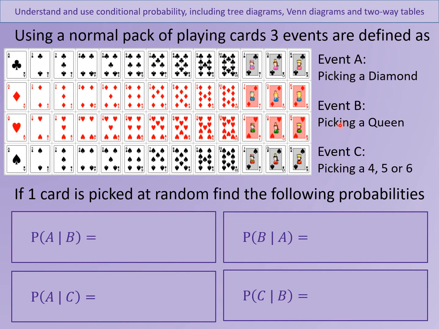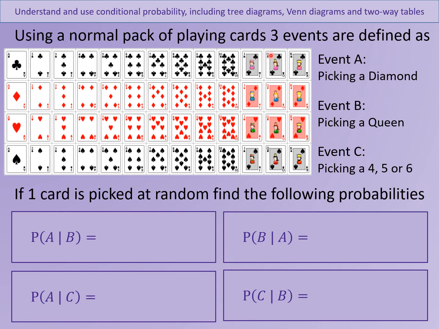Event B is the probability of picking a queen. Now the queens are these ones. You can hardly see the Q on them, but they're the queens. So there's 4 of those. Event C is picking a 4, 5, or 6. You can see those 4, 5, and 6. That's these cards here. So that's your different events, A, B, and C. The diamonds, 13 of those.